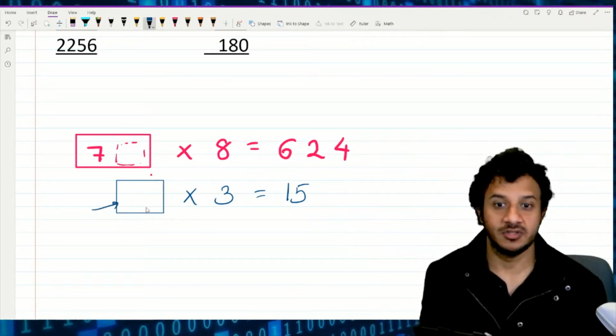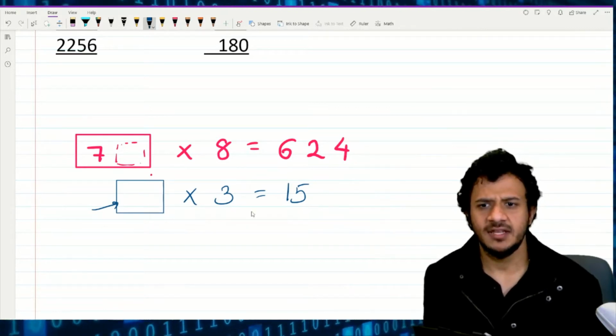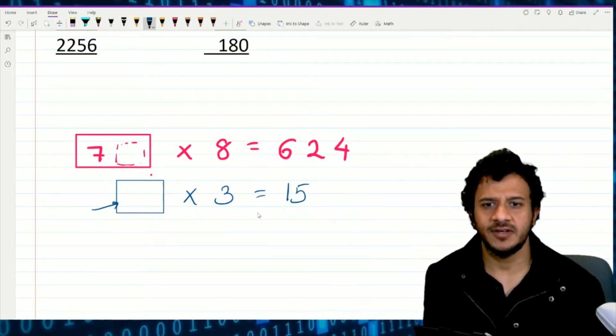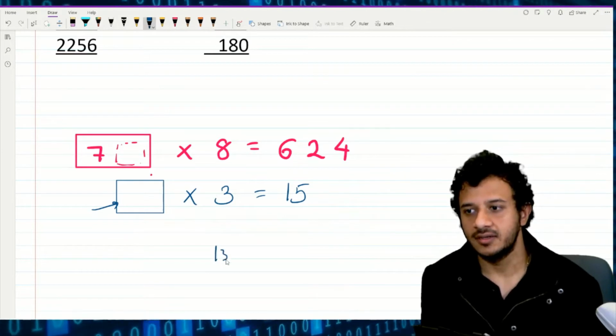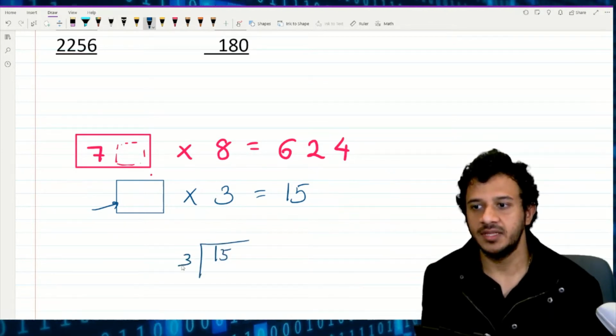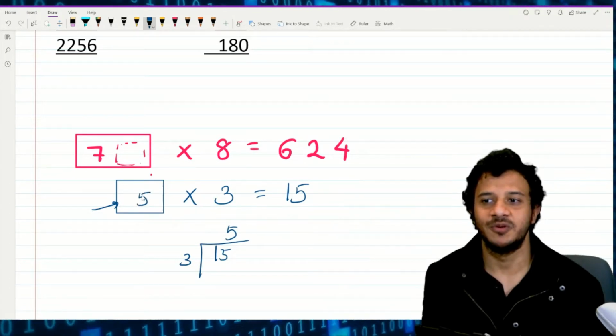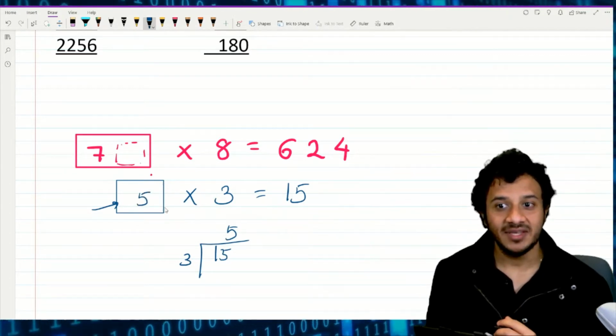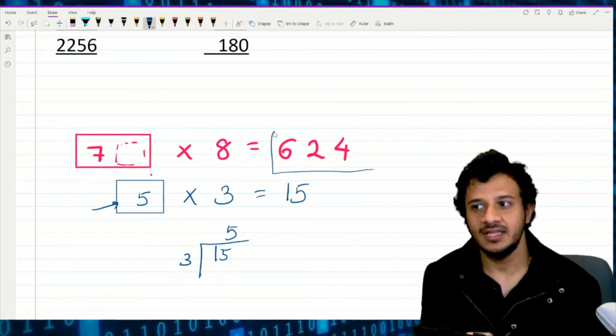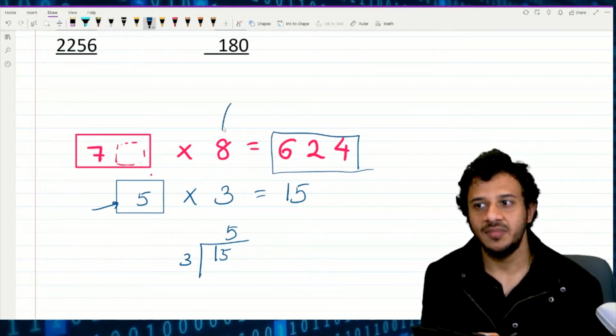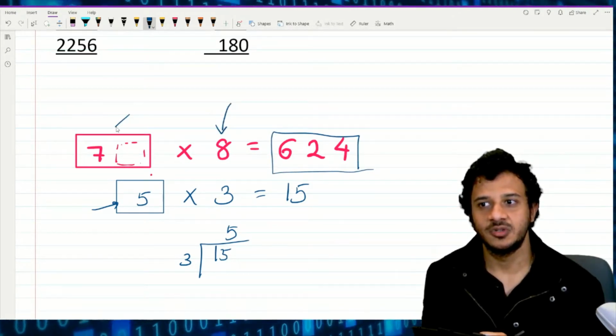I know this should be a 5, right? What should I do to 15 and 3 to get 5? Yeah, 15 divided by 3. How many 3's can go into 15? 5. Boom, we get the number here. So that means if I take this number, divided by this number, it should give me the value here.